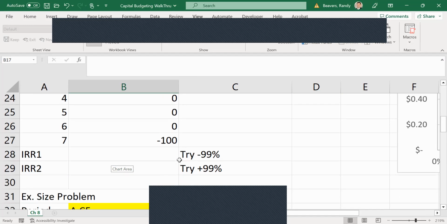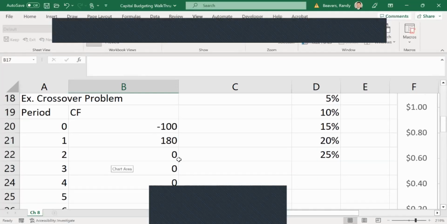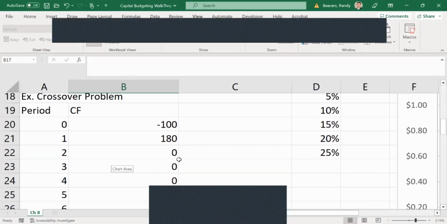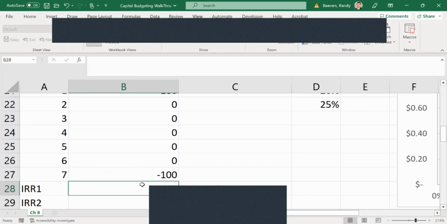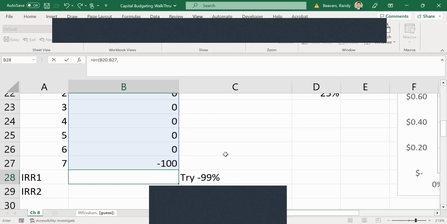So first, let's look at the crossover problem with IRR. So here's an example project. Suppose I calculate this IRR. I highlight all the values. And then suppose I guess negative 99%.